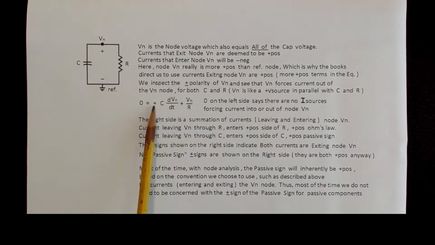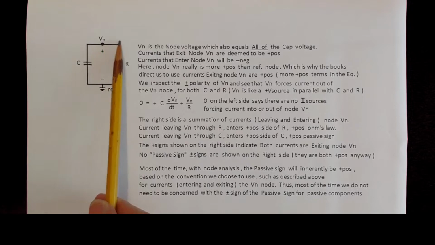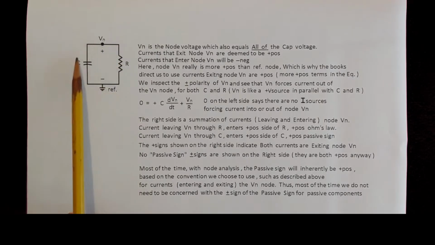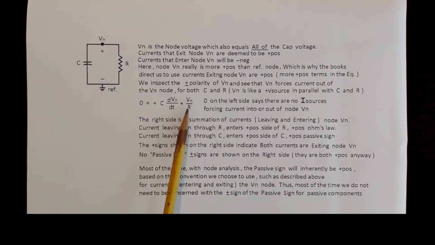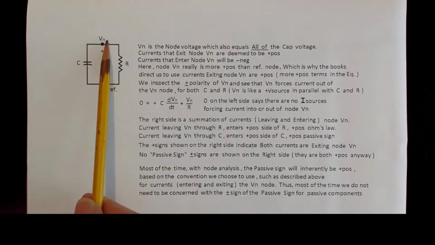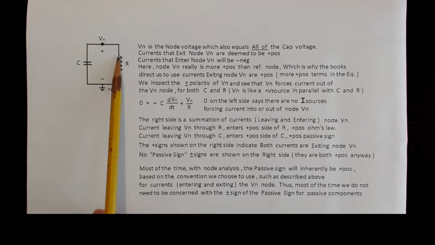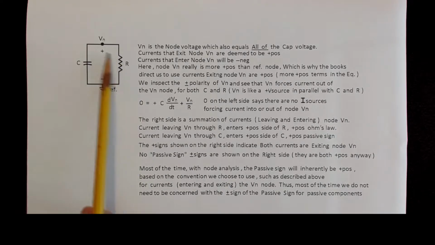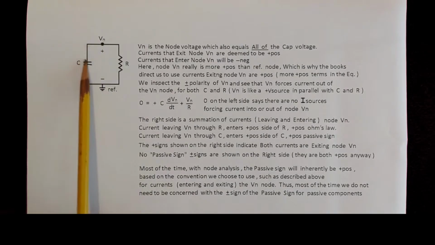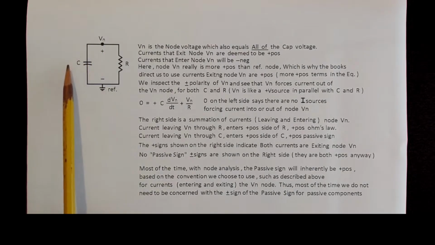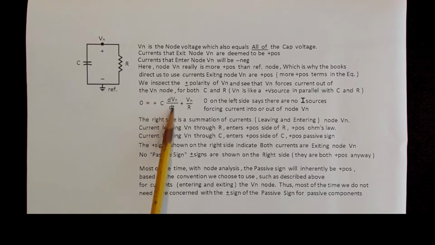This plus and this plus represent the current exiting the node. Vn over R is positive, passive sign, positive Ohm's law, because the current exiting enters the plus terminal. Here the current enters the positive terminal of the cap, and that's the positive passive sign for the cap. So I didn't even bother to show those extra plus signs.